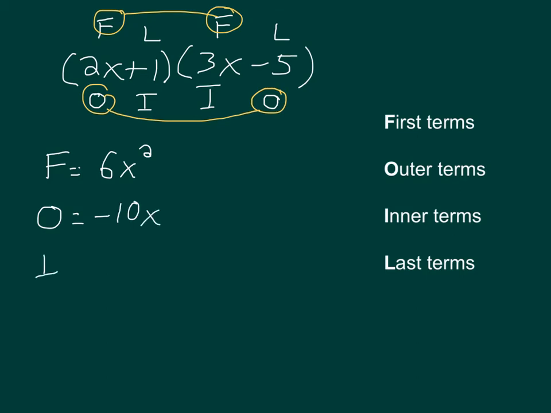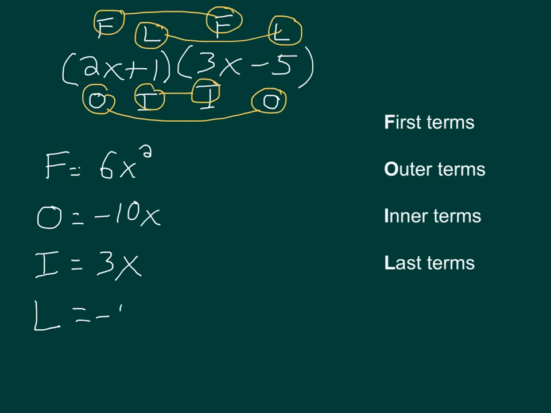Next, we'll take the inner terms, I. I connecting to I is a positive 1 times 3x, so a rather convenient 3x. And finally, I have my last terms, my L. The L goes from the L here to the L here, and that's going to be a 1 times negative 5, which is just negative 5.